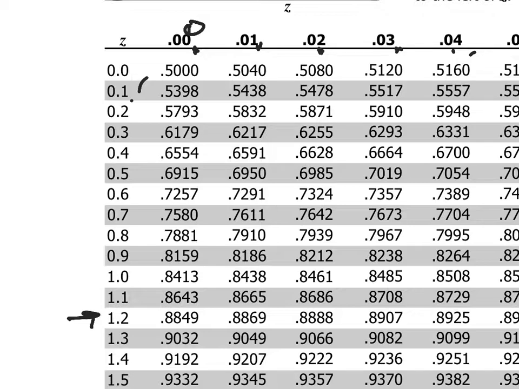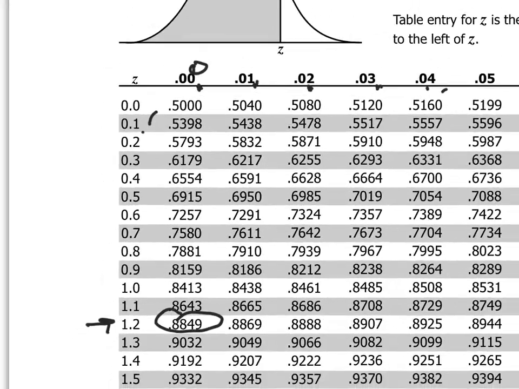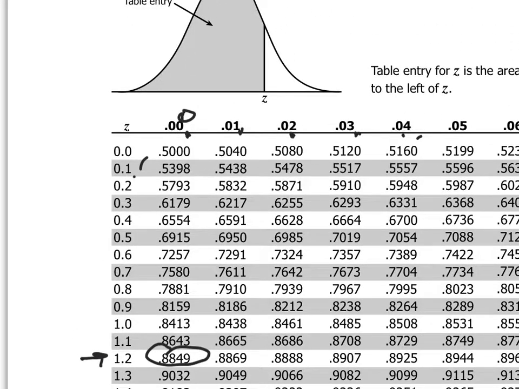So I need 1.20. That's the answer. 0.8849. On the negative side? Yes. How does it go all the way to negative 0.0? We ended up getting 0.8849.